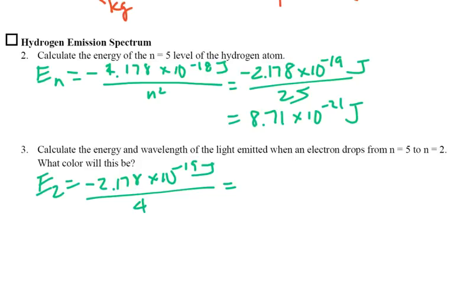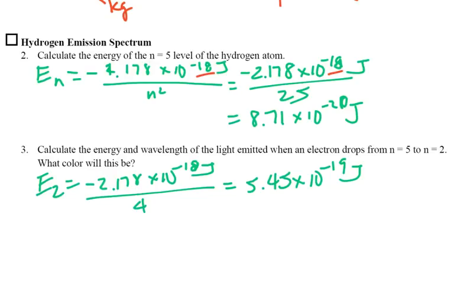I just realized I made a mistake here. Up here I had negative 18, and when I got over here I said negative 19, which is totally wrong. So this is negative 18, and then this comes out to negative 20 in the exponent. Same thing down here, I'm getting this negative 19 in my head. When I divide by 4, I get 5.445, so I'll say 5.45 times 10 to the negative 19 joules.